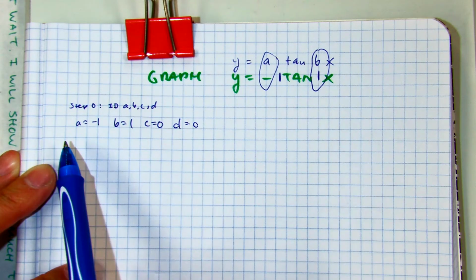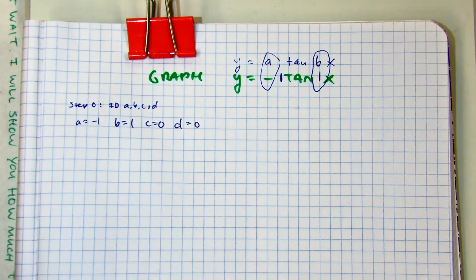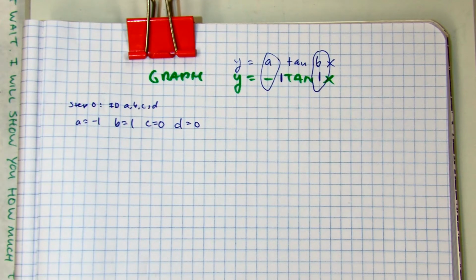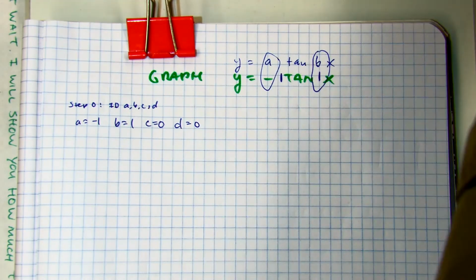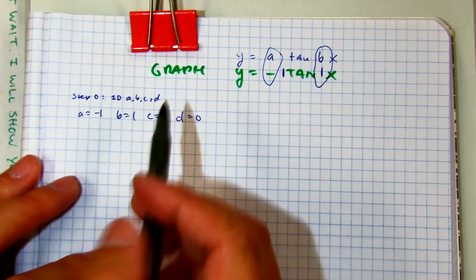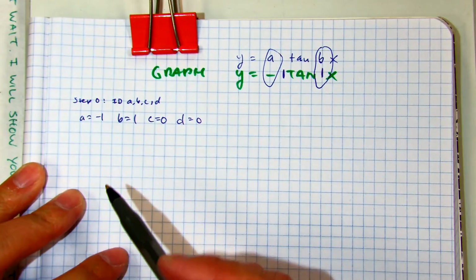Partner A, tell partner B, what do each of these letters eventually tell us? What kind of information can we get? 30 seconds. Alonzo, what does the A value normally tell us?